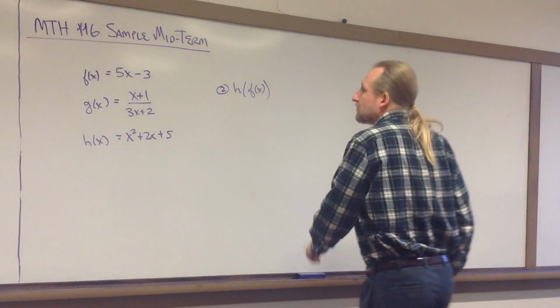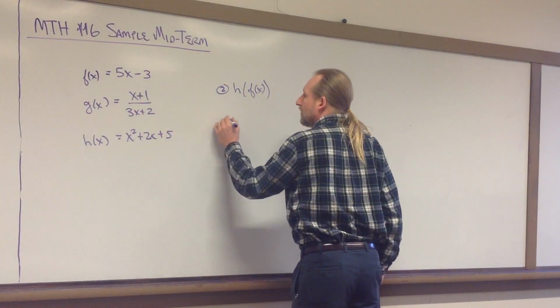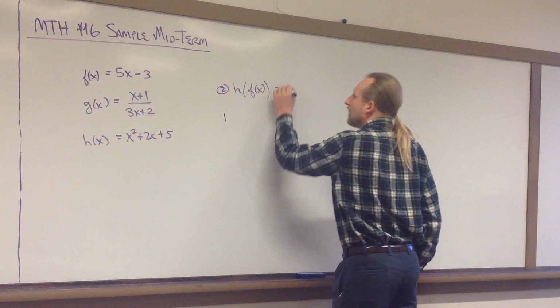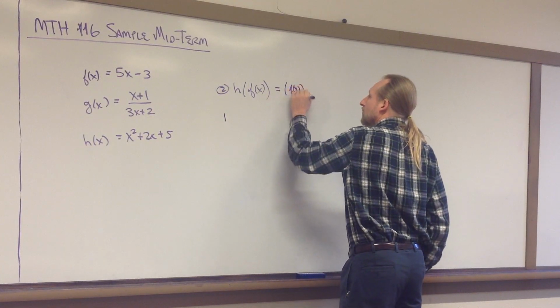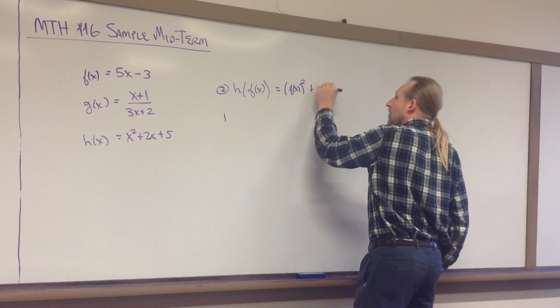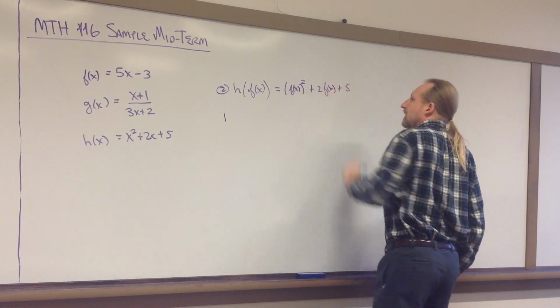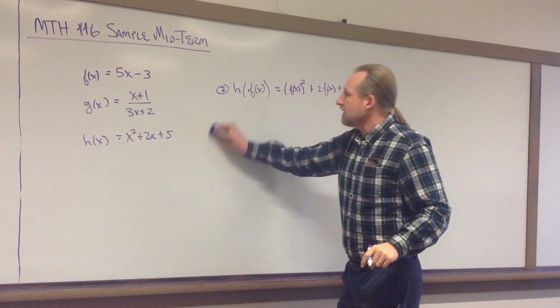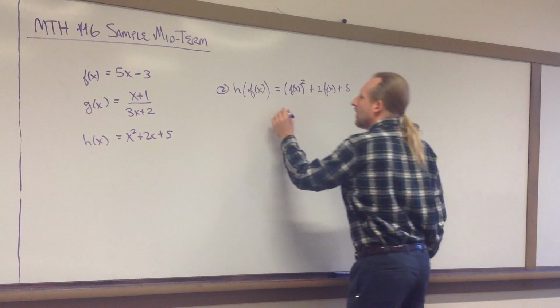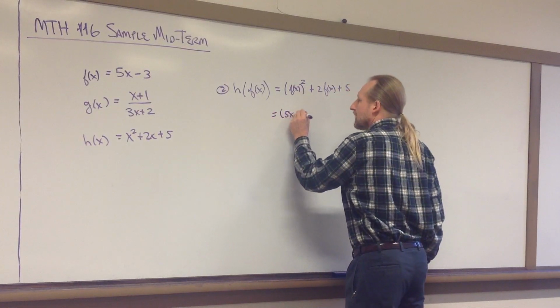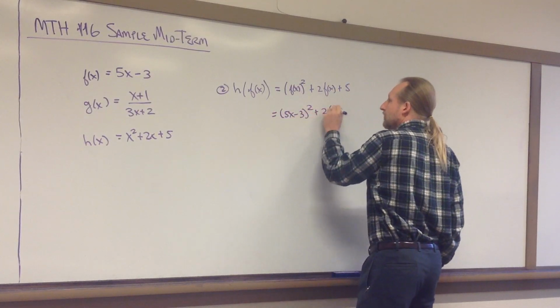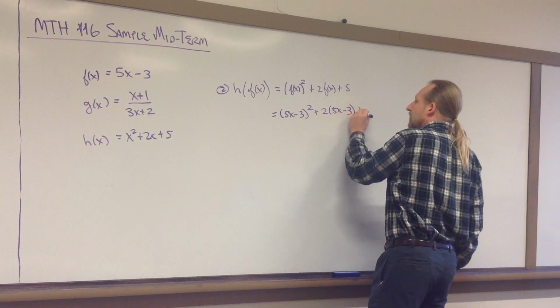Okay, so that means we take the f function and we plug it in anywhere where we see an x. Kind of like that. And then you don't have to do this step. Really what you need to do is plug in the actual function itself and then simplify it.